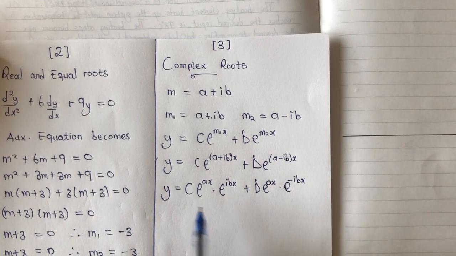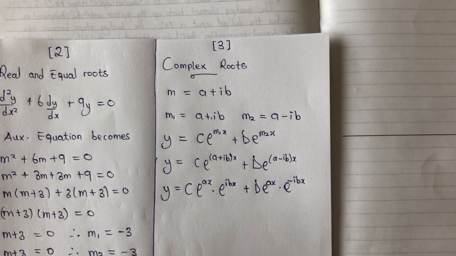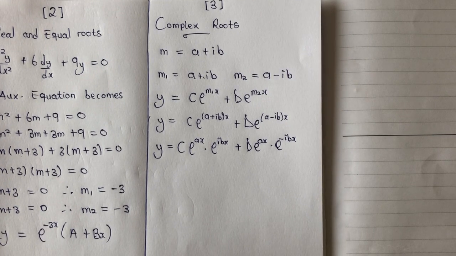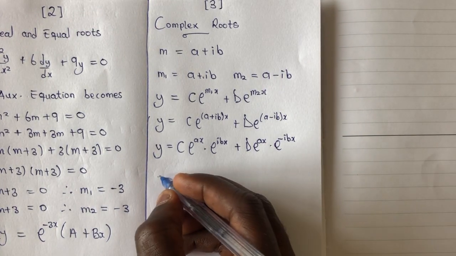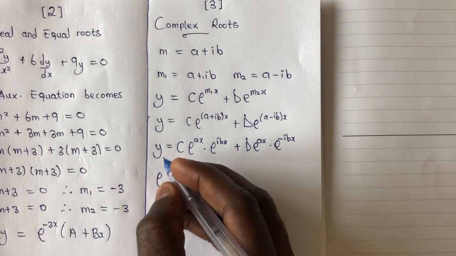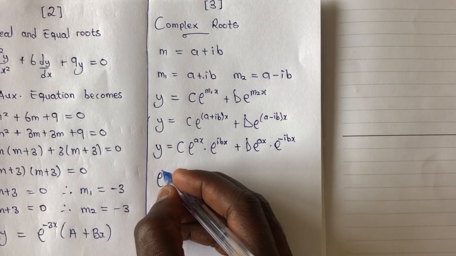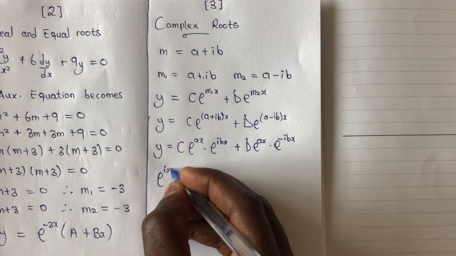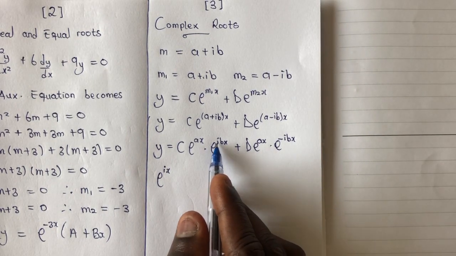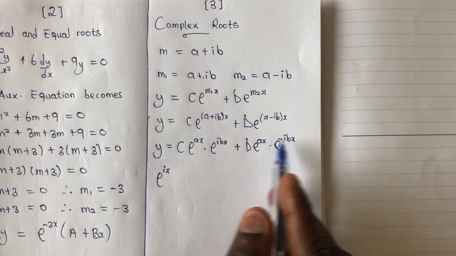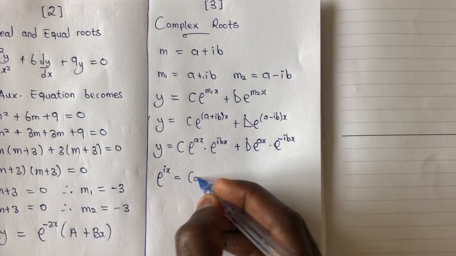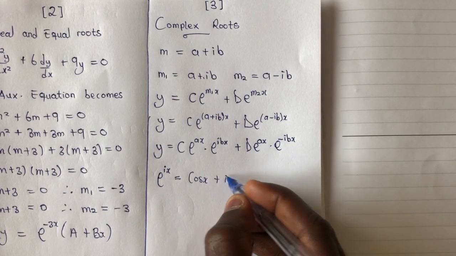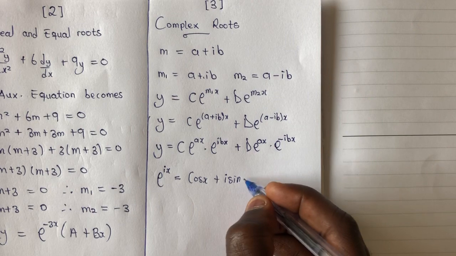Now this is what you are going to get. Now, in complex notation, it is something you must put in your mind. I don't want to talk much about it, so I'll just state it. In complex notation, the exponential function to the power ix, forget about the arbitrary constant b, e to the ix is the same as cos x plus i sin x.